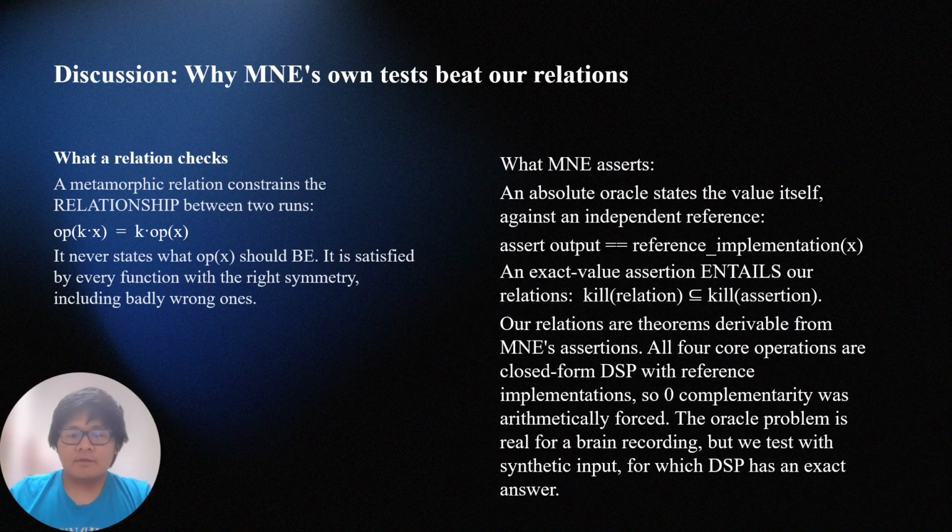So looking back at the discussion of why MNE's own tests beat our own relations, it was more so the fact that I was looking in the wrong direction. It was a flaw in the core operations that I chose, because it turned out there really was an exact answer for it.